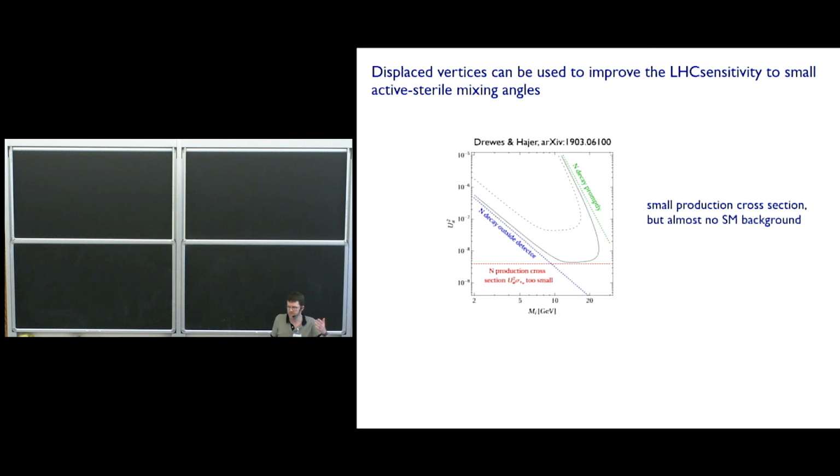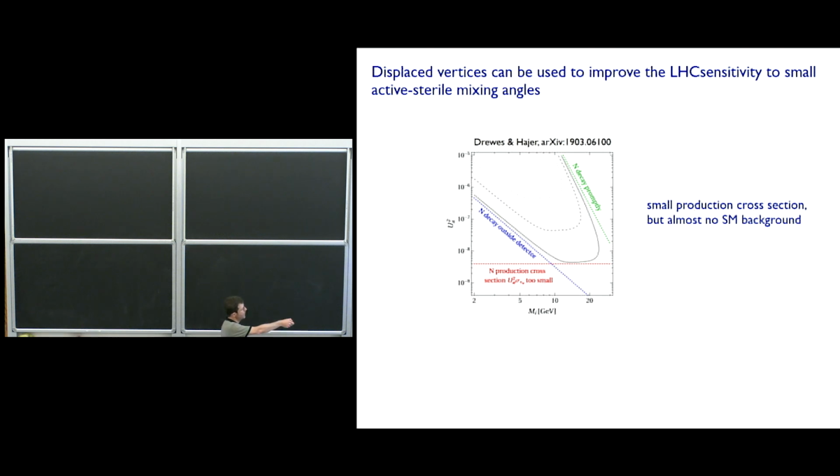When the mass increases, the decay rate increases. So if you go in that direction, at some point the sterile neutrino is no longer long-lived. It decays promptly, so you won't see any displaced vertex. That's why you cannot probe this region to the right of this green line.